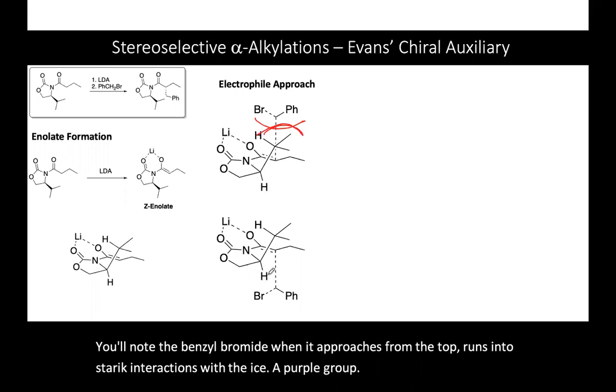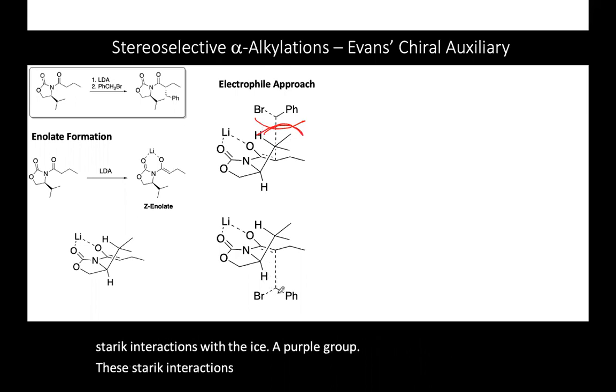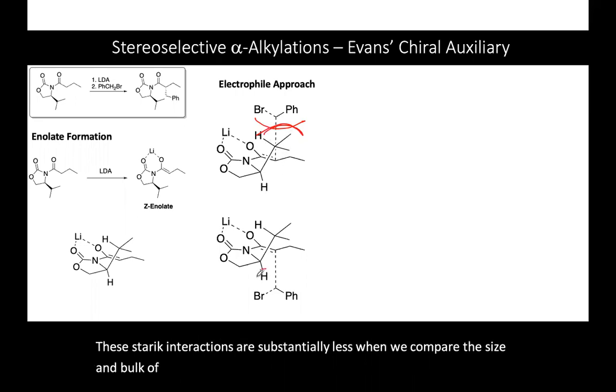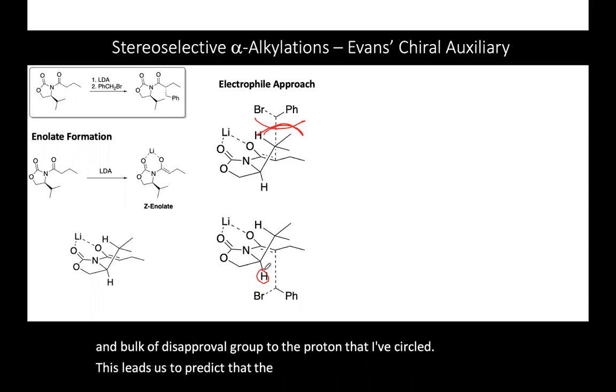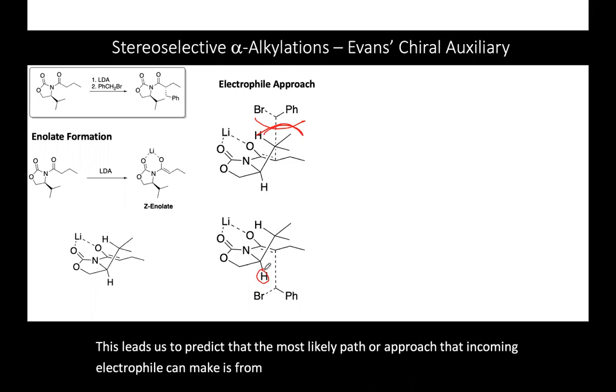These steric interactions are substantially less when we compare the size and bulk of the isopropyl group to the proton that I've circled. This leads us to predict that the most likely path or approach that the incoming electrophile can make is from the bottom face.